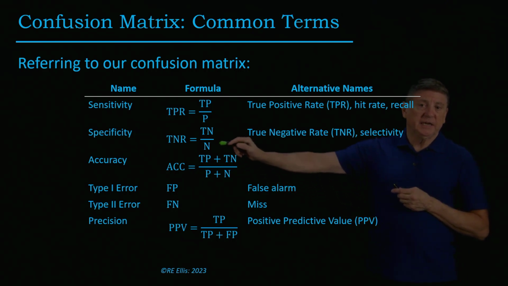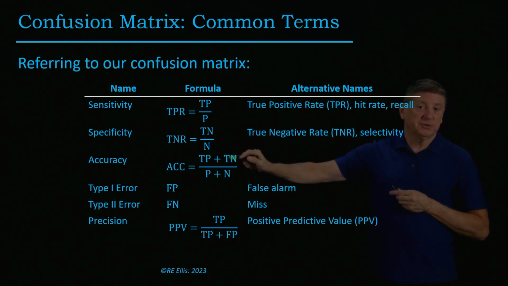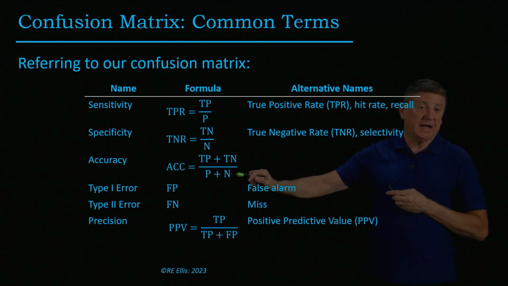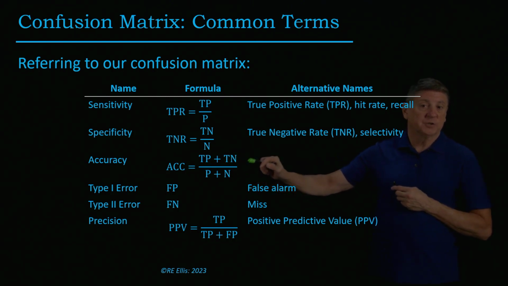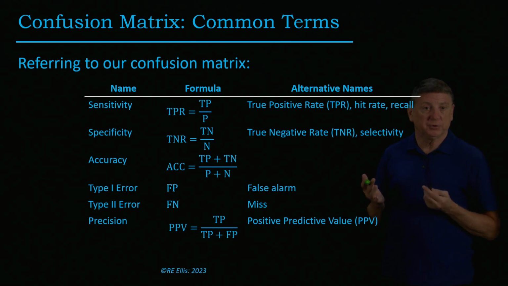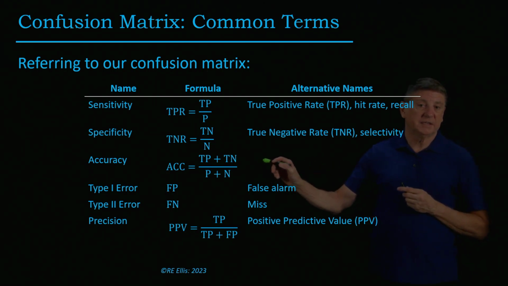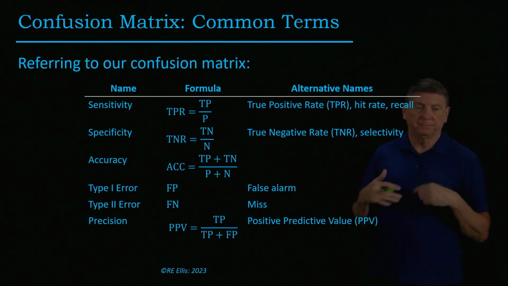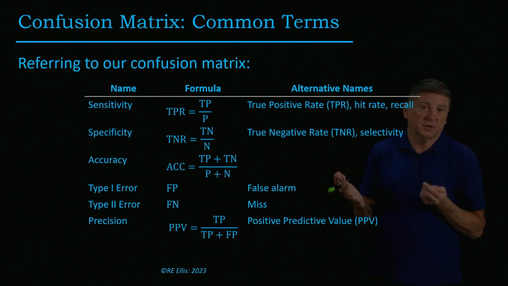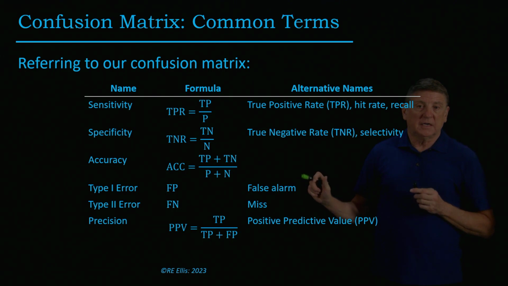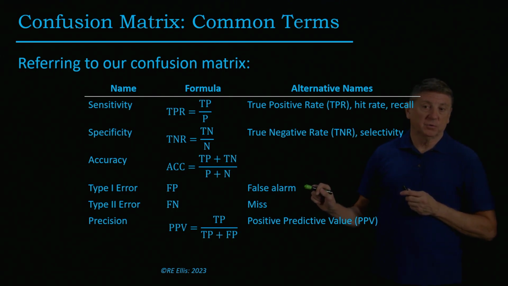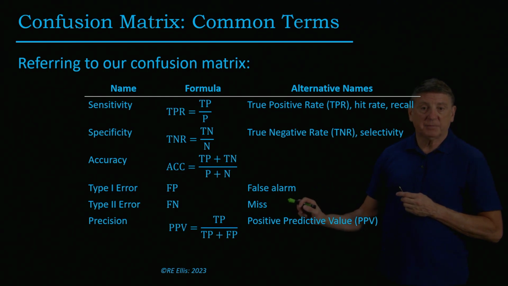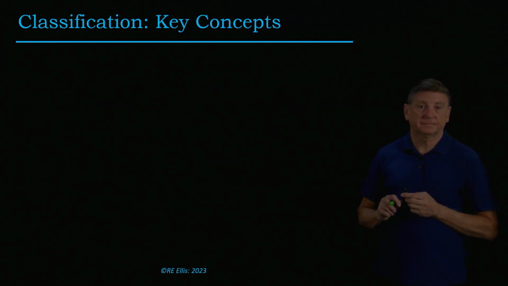The accuracy is the true positives plus the true negatives divided by as many data as you have. This also will be bounded between 0 and 1, and accuracy is a very common single number for measuring the results of your classifier. A type 1 error is a false positive. It's sometimes called a false alarm. And a type 2 error, a false negative, is also called a miss.